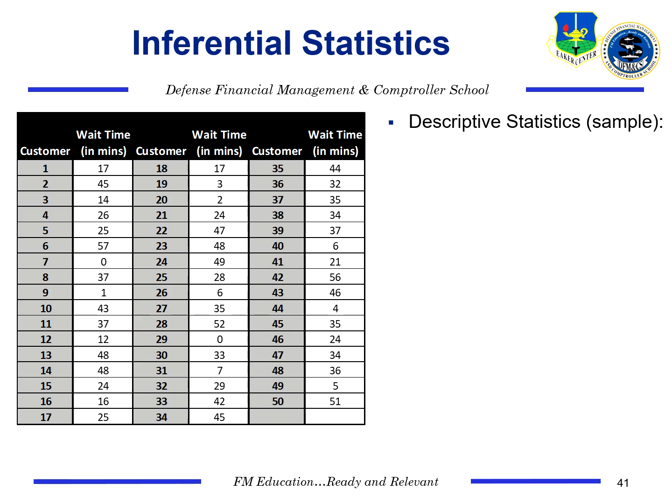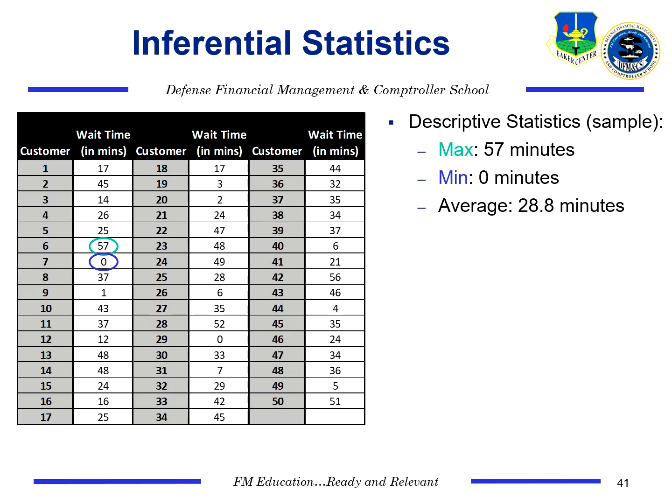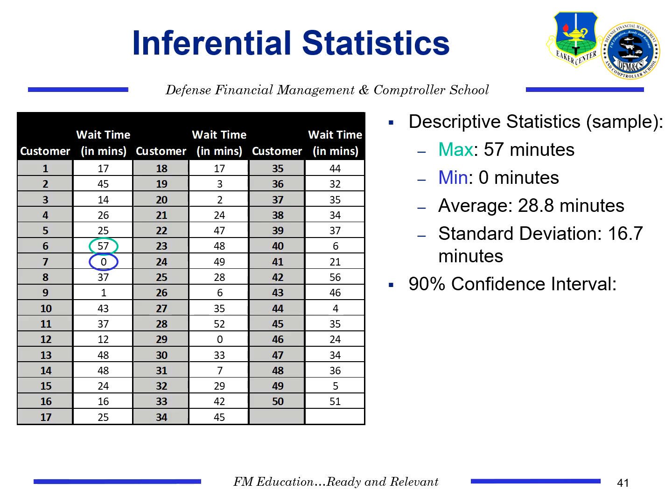So we're going to start off with our descriptive statistics of the max, the min. We're going to calculate the average and calculate the standard deviation. And then we want to use a 90% confidence interval.